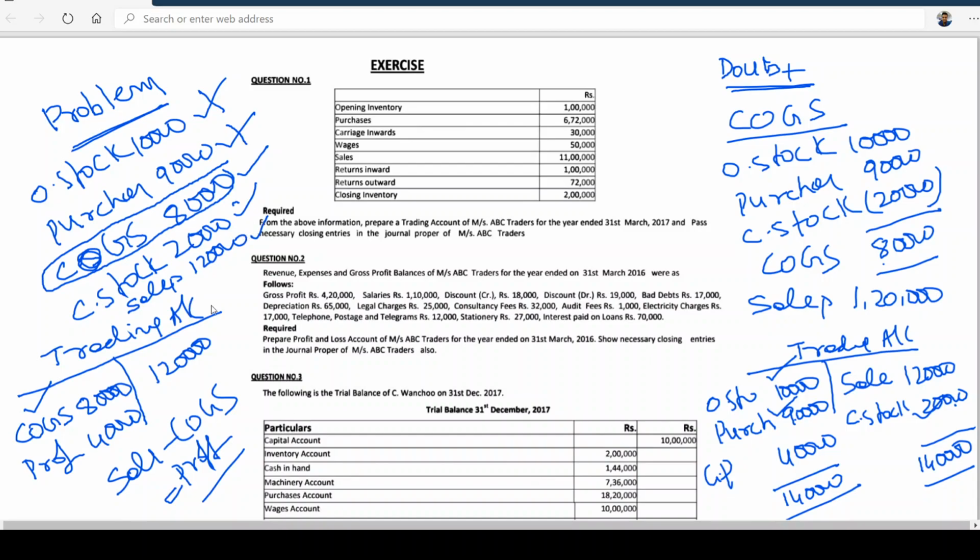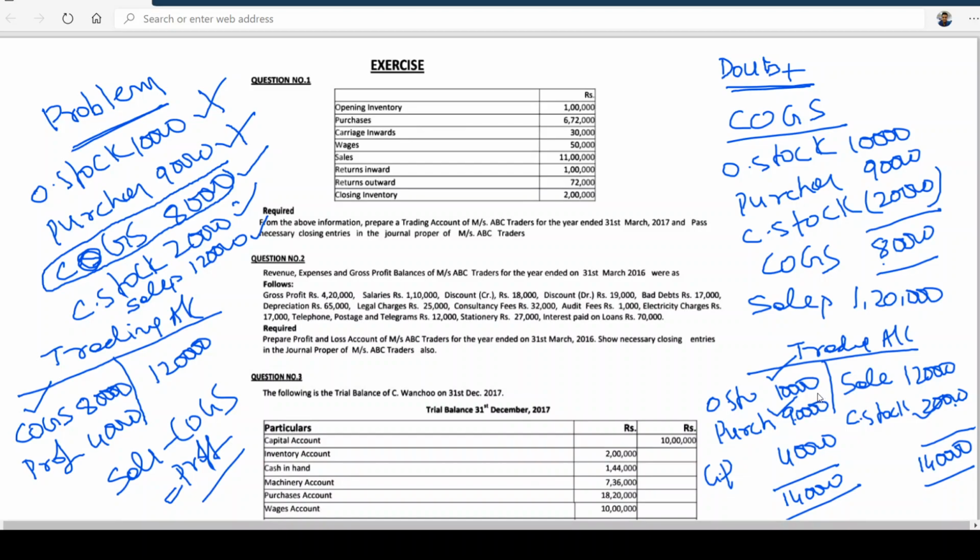Got the clarity? So when cost of goods sold is given, don't take closing stock to trading account. The reason is closing stock has already been deducted. Like here I have told you, opening stock 10 plus purchases 90 minus closing stock is nothing but cost of goods sold. So got the clarity, all of you?